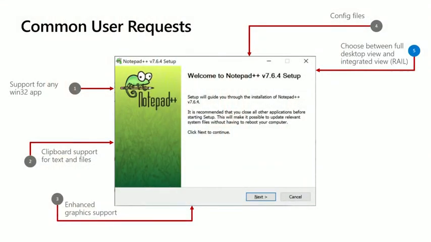So the request was, if we could provide a mode in which the application still runs in isolation, but the user sees only the application window. So you're going to hear us referring to this as RAIL throughout the session, which stands for Remote Application Integrated Locally.